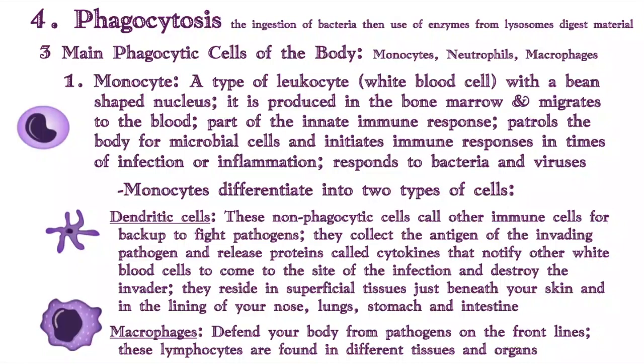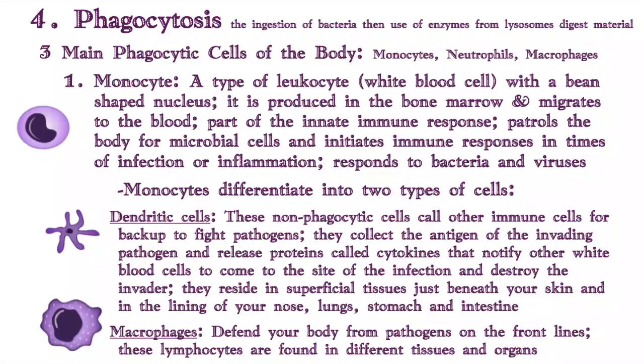The dendritic cells usually reside in specific tissues beneath your skin, in the lining of your nose, lungs, stomach, and intestine. But the general idea of the monocyte is that it is a white blood cell, a leukocyte, with a bean-shaped nucleus, so the darker structure inside the circle. The dark purple is the nucleus, and you're going to see some different shapes of that nucleus.